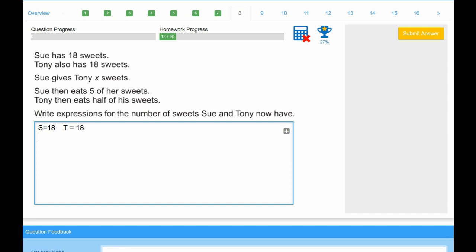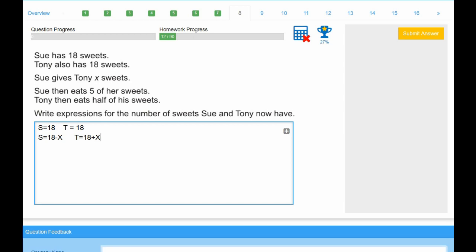We know that Sue gives Tony X sweets, so Sue now has 18 take away X, however many X might be. And Tony will have 18 plus X, however many that be. So if Sue had given him 5, she would be down 18 minus 5 is 13.